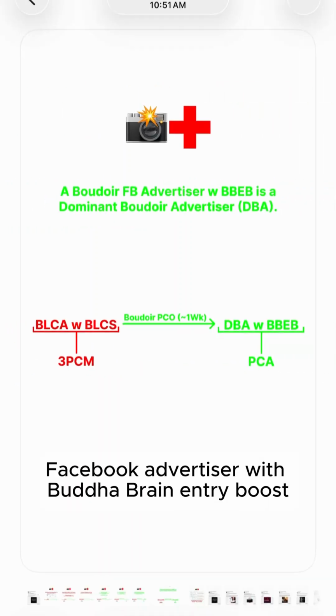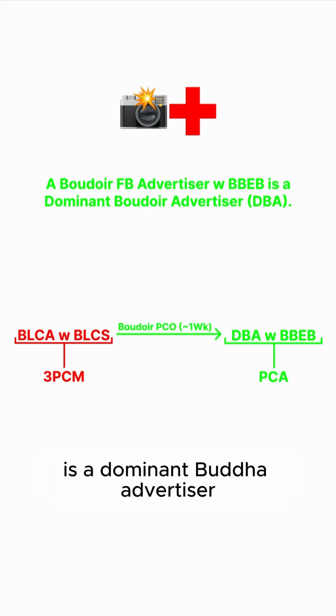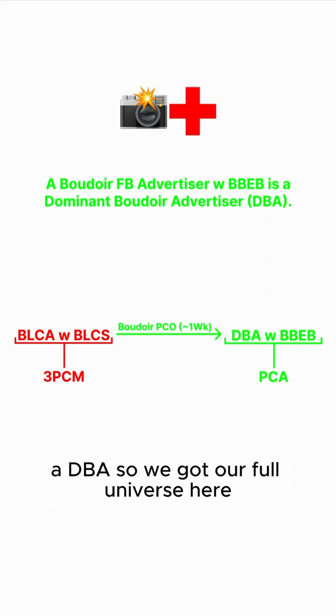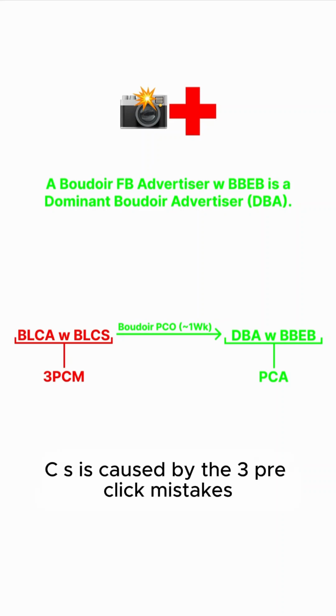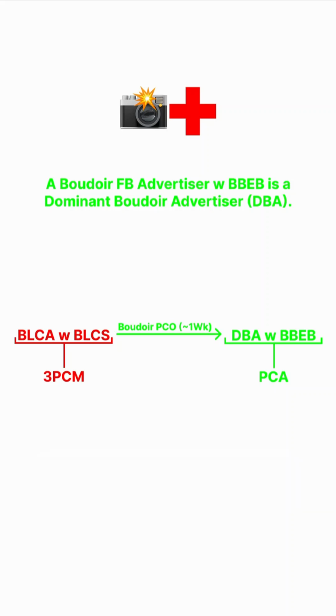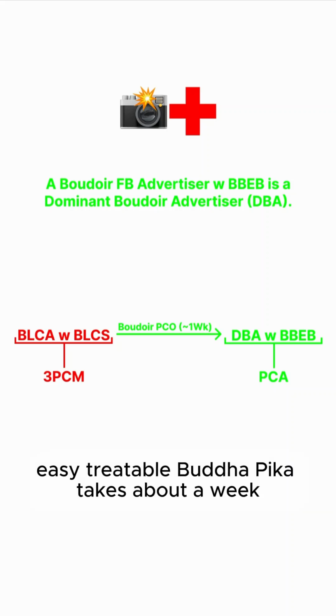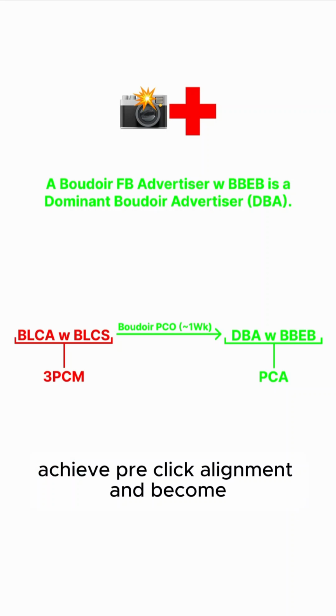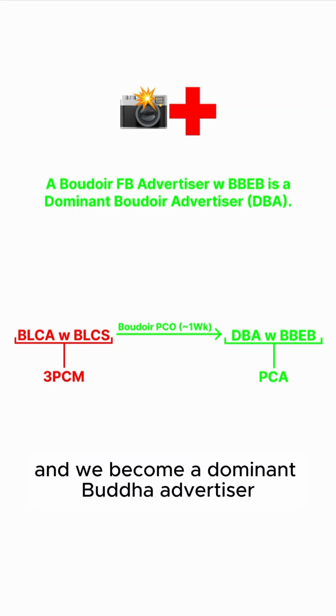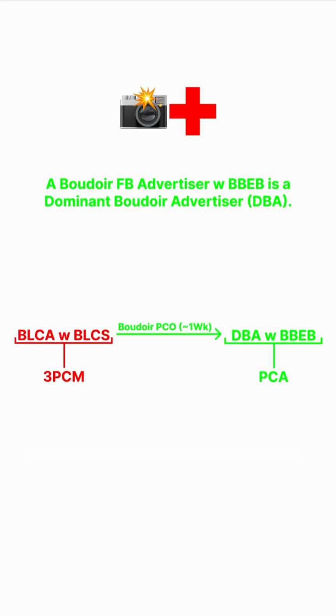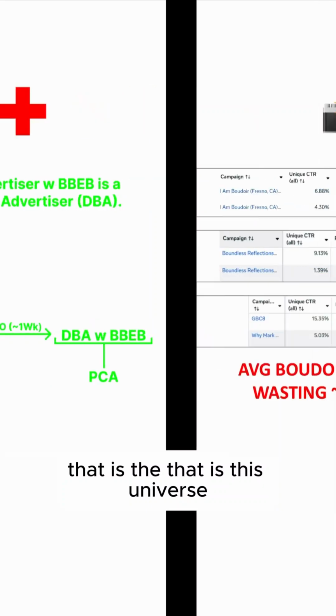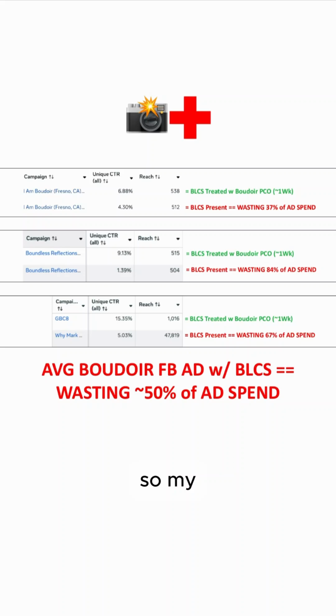And a boudoir Facebook advertiser with boudoir brain entry boost is a dominant boudoir advertiser, a DBA. So we got our full universe here. A BLCA with BLCS is caused by the 3 pre-click mistakes. It's easy, treated with boudoir Pico, takes about a week. Achieve pre-click alignment and we become a dominant boudoir advertiser with boudoir brain entry boost. That is this universe.